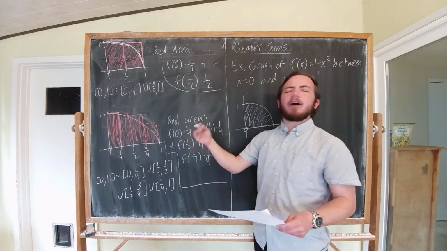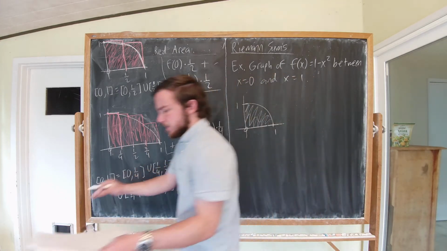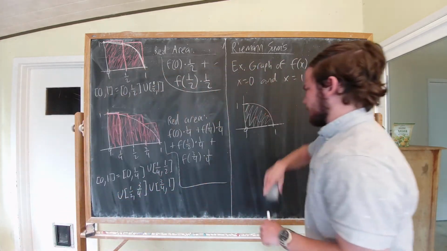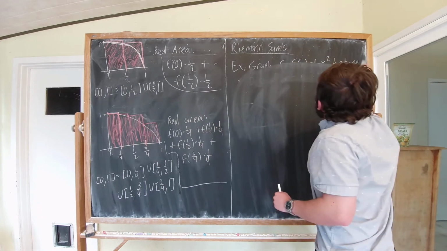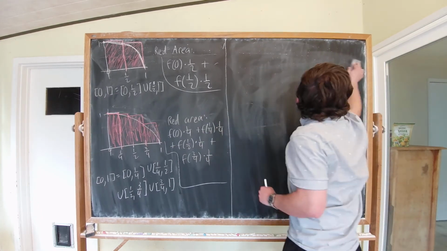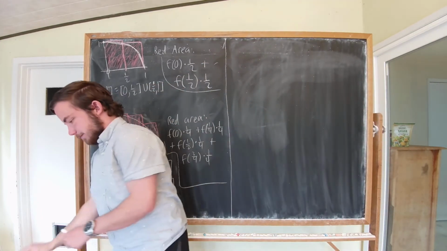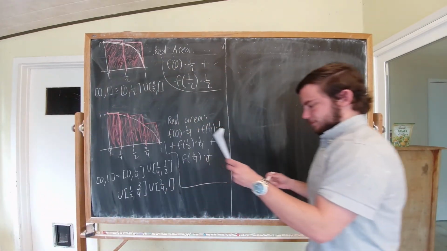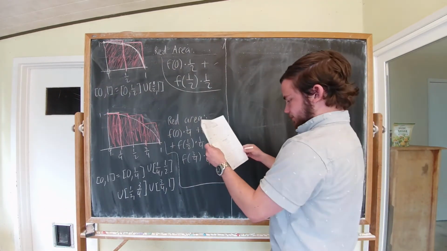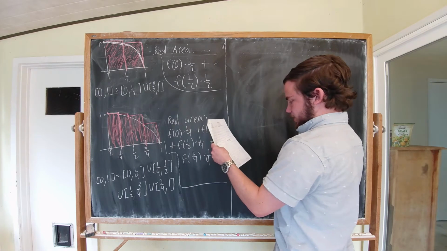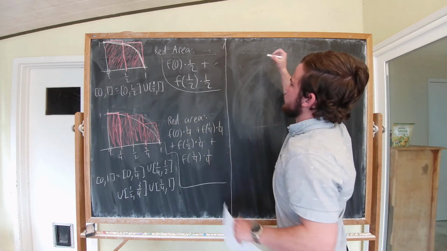Let me draw out an example with more rectangles to give this slightly more of a picture. Let's see here. Yeah, let's do n equals 8.